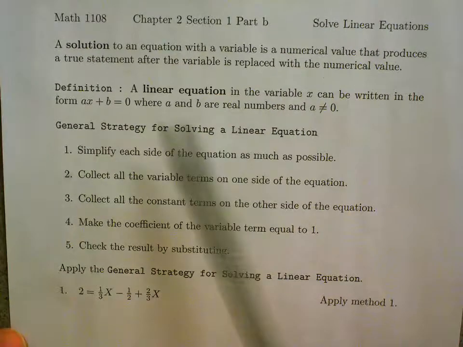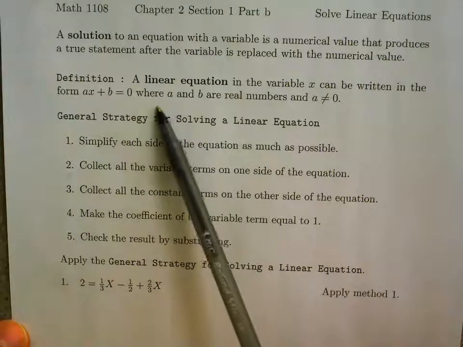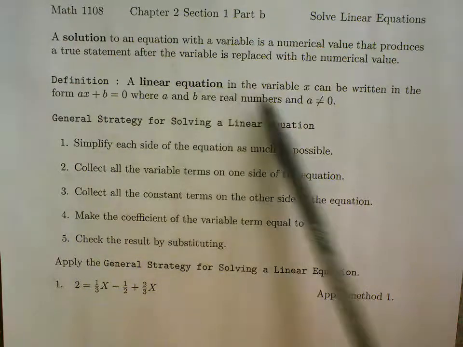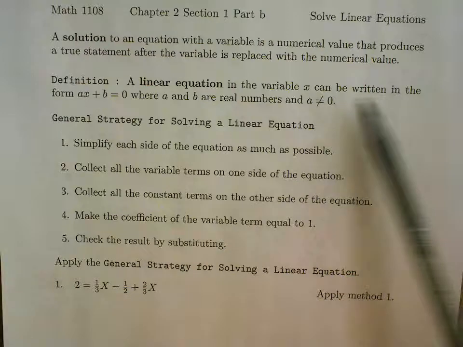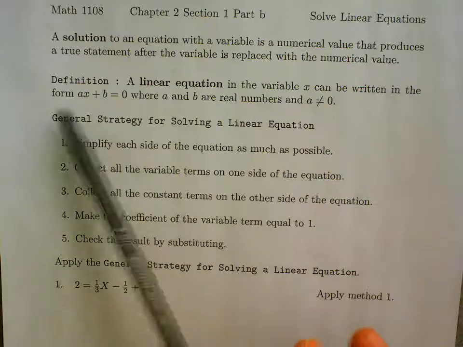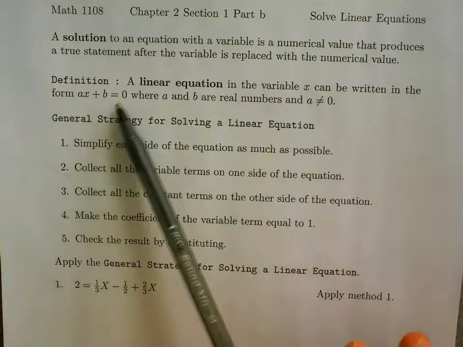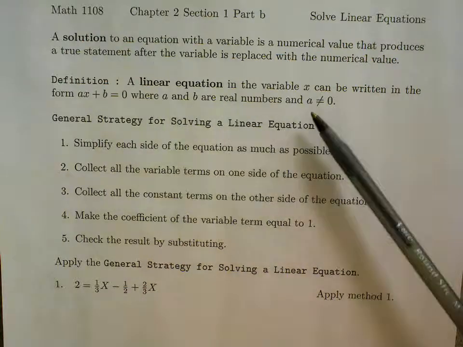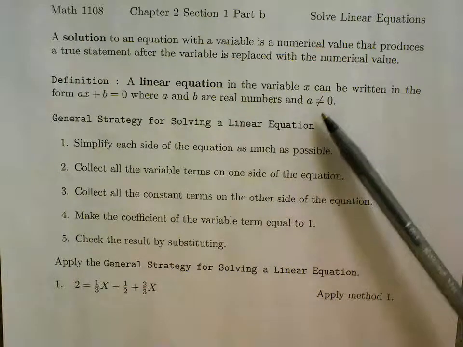And then the definition of a linear equation in one variable. A linear equation in the variable x can be written in the form a times x plus b equals 0, where a and b are real numbers and a does not equal 0.